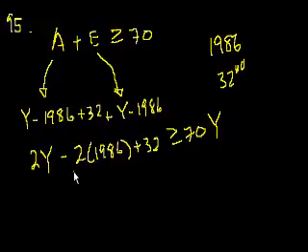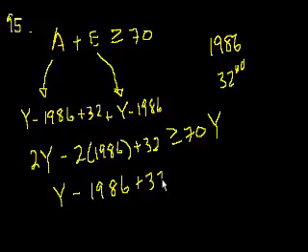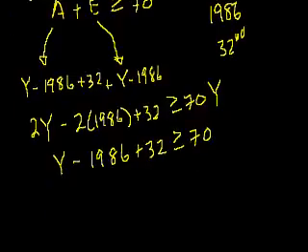Just so I don't have to multiply 2 times 1986, let's divide both sides by 2, and I don't have to change the inequality because that's positive. So I get y minus 1986 plus 32 is greater than or equal to 70.